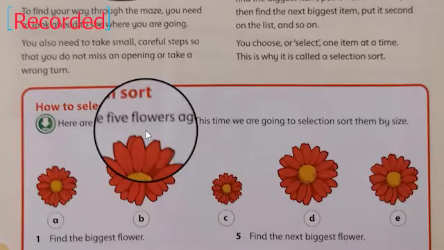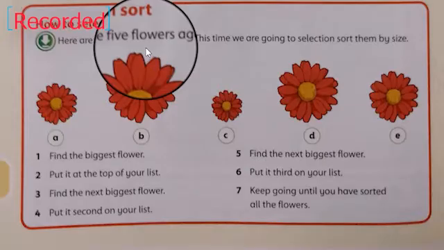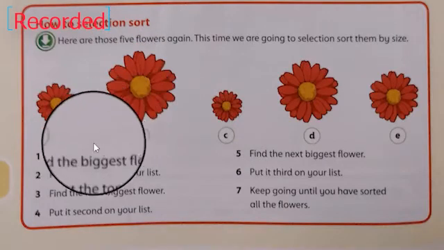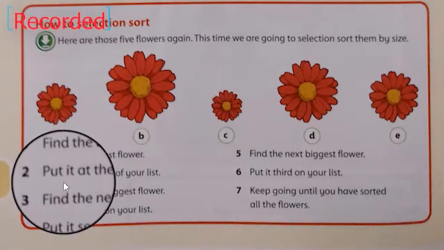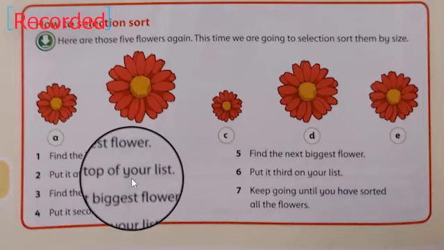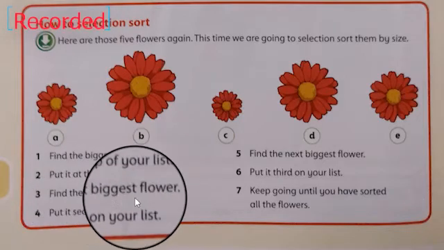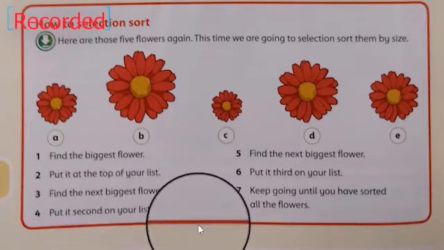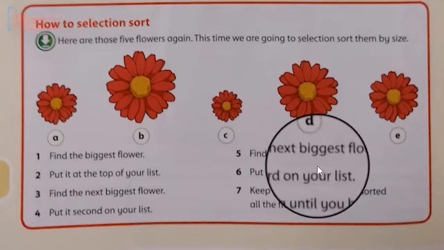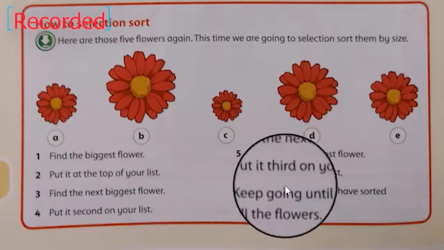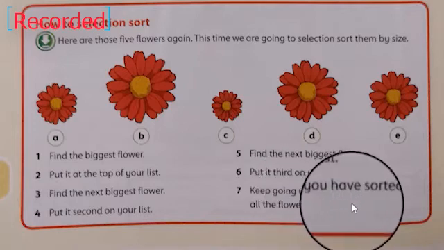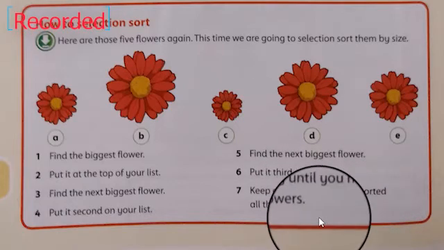But here we are going to select: find the biggest flower, put it at the top of your list. Find the next biggest flower, put it second on your list. Find the next biggest flower, put it third on your list. Keep going until you have sorted all the flowers. Here you are selecting, you are not arranging. You have to select that flower and then sort it accordingly.